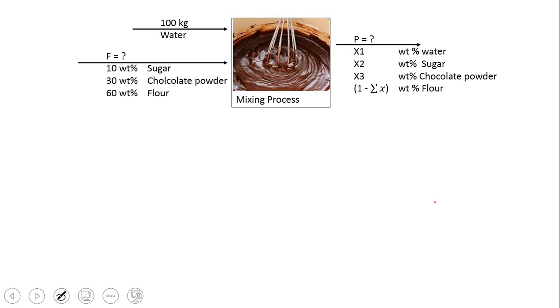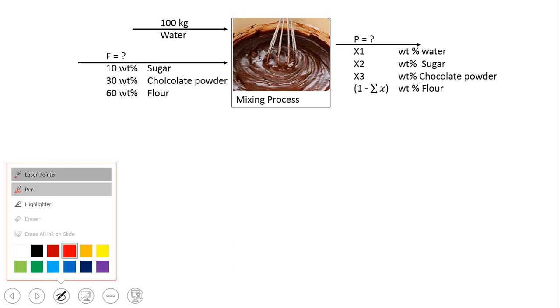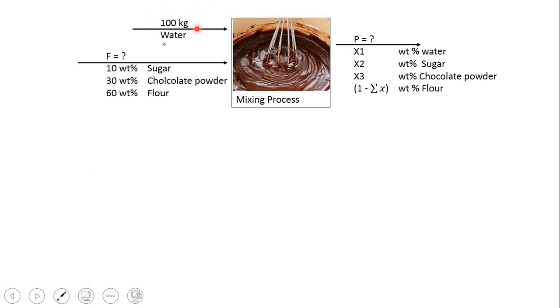So let's have an example and try to find out the degree of freedom for this example. We have 100 kilogram of water entering the mixing process for a cake batter, and we have unknown flow rates of a mixture of 10% sugar, 30% chocolate powder, 60% flour. It's entering a mixing process to make the cake batter.